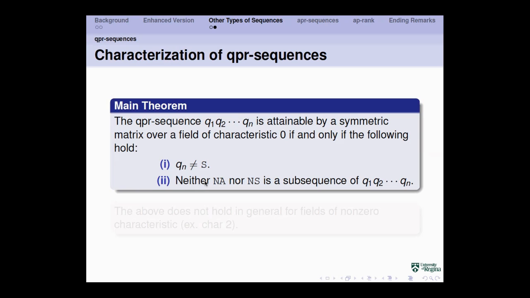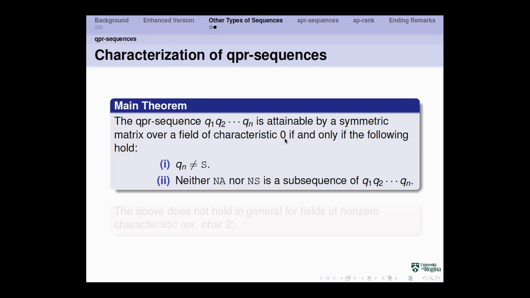And that's the theorem here. So you hand me a sequence of length n consisting of the letters A, S, N in some fashion. Then that sequence is attainable. That is, it is the QPR sequence of some symmetric matrix as long as the field has characteristic 0. We had some little constraint here that we had to deal with. We can probably get rid of that.